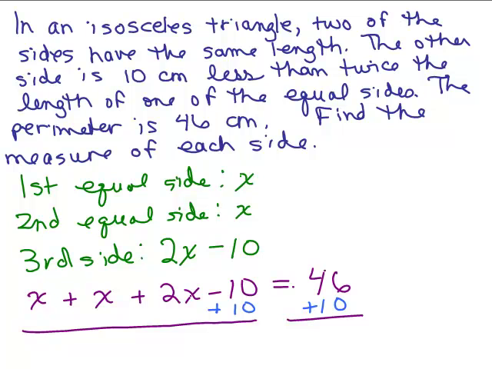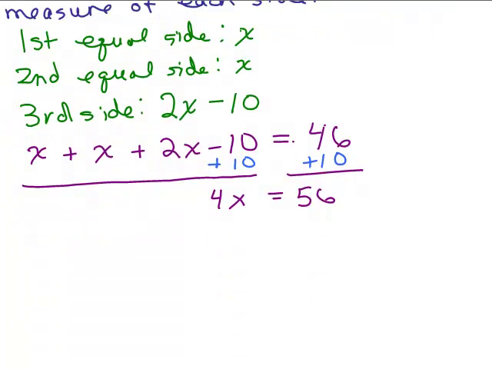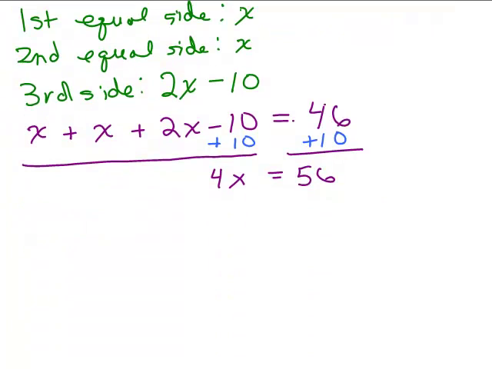All right, combine like terms. Remember, that's 1x plus 1x plus 2x. So I have 4x equals 56. Right, so to solve that, we need to divide both sides by 4. So we see x is 14.